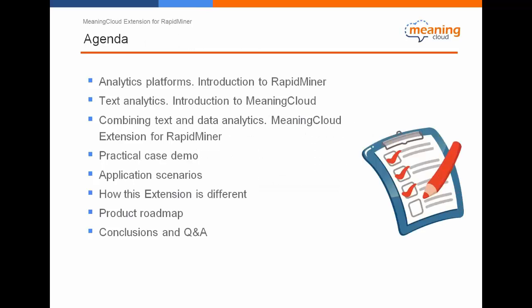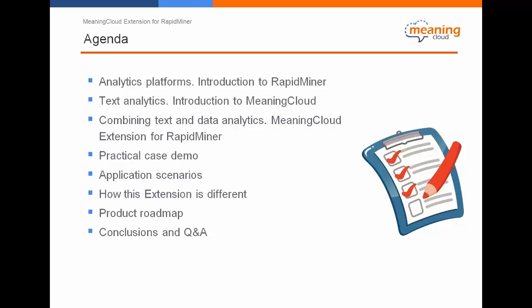So towards that end, we'll be covering this agenda. First of all, we'll be introducing the integrated analytics platform products, and specifically one of them, RapidMiner. Then we'll talk about text analytics, why it is important, why it's difficult, and presenting our product, MeaningCloud.